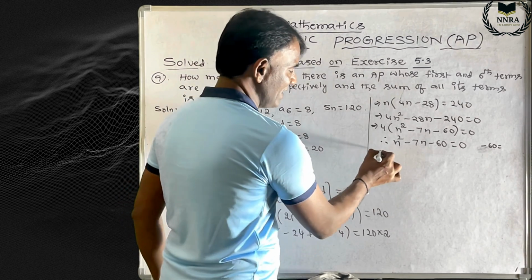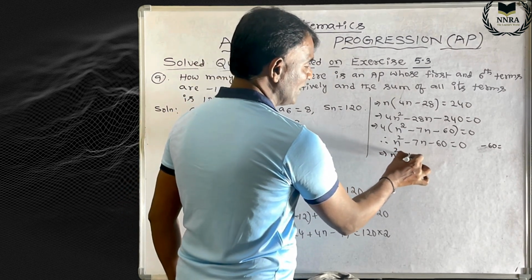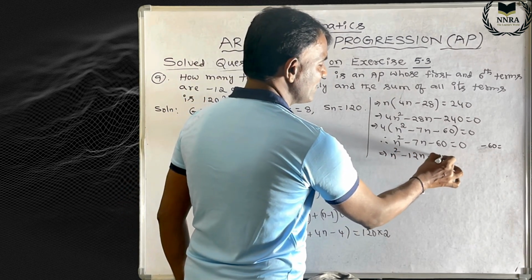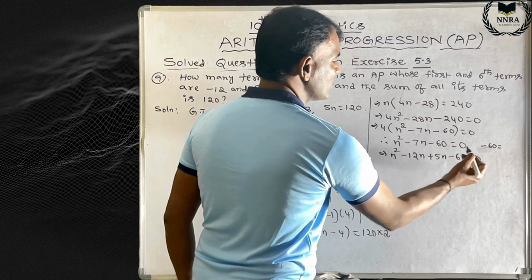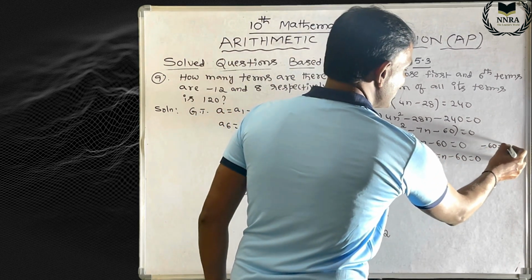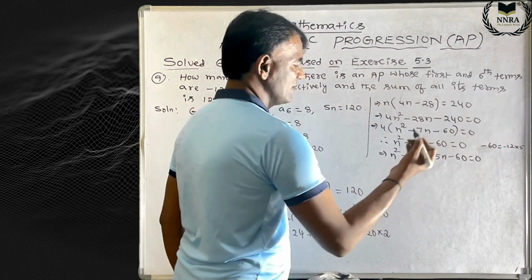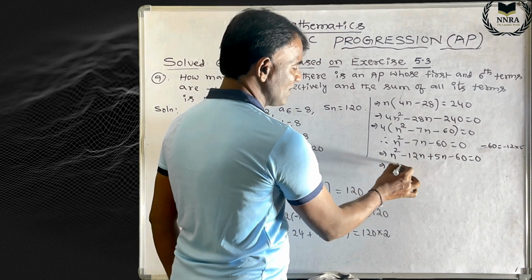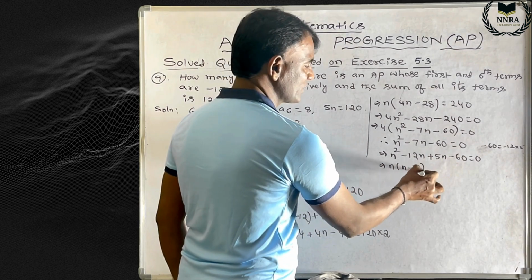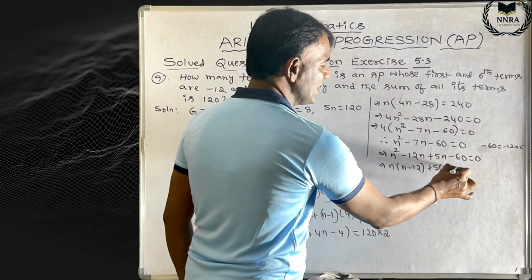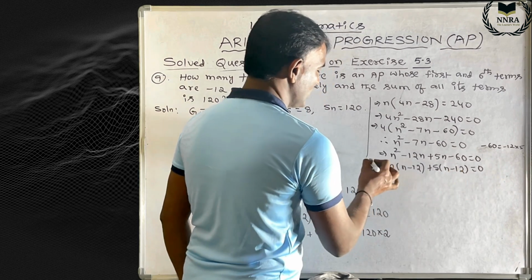Got it? Then n square minus 12n plus 5n minus 60 equal to 0. So here it is minus 12 into 5. Then n is common, n minus 12. 5 is common, again n minus 12 equal to 0.